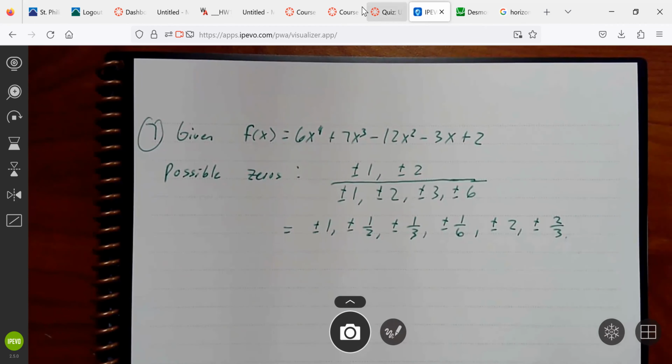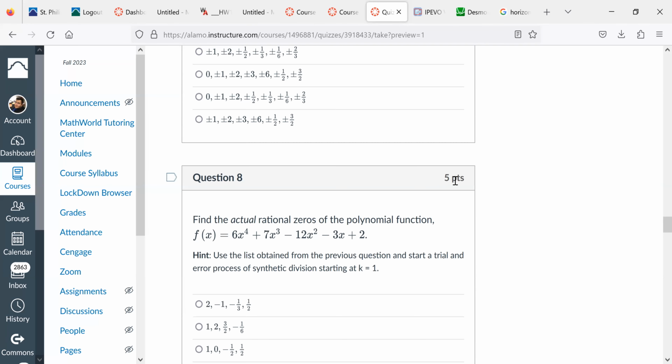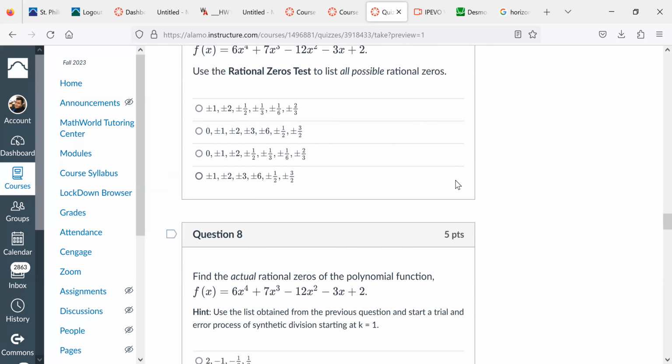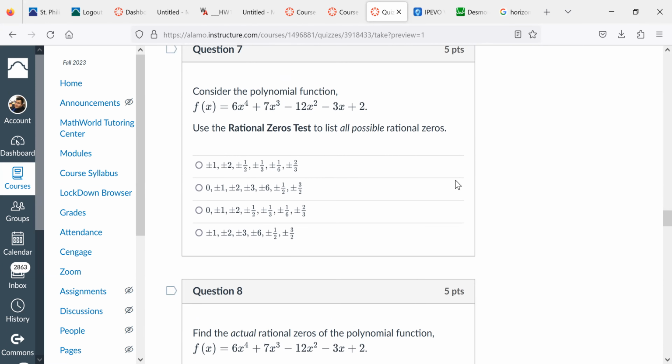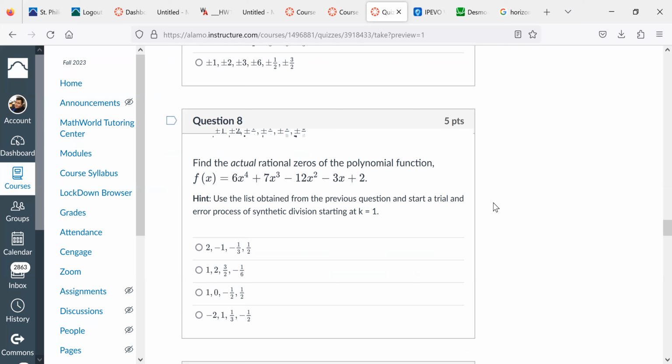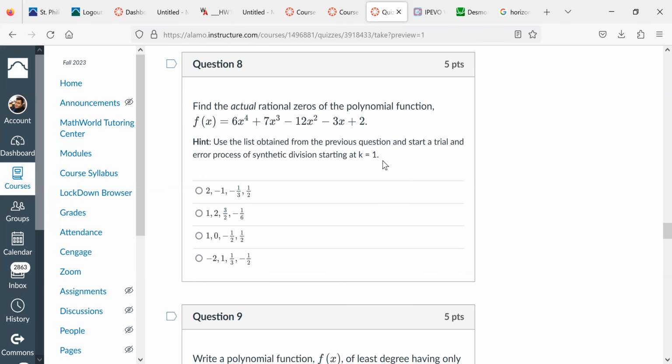Any questions on 7? I'm hoping it's familiar from Monday. So the list we found on 7, use it to start dividing. They want us to start using 1, so that's cool.